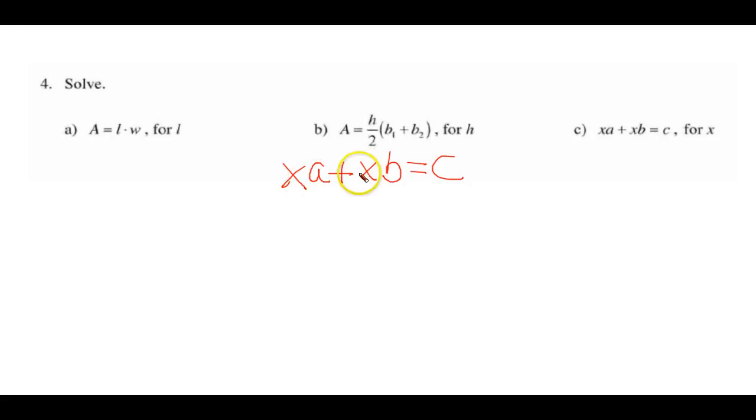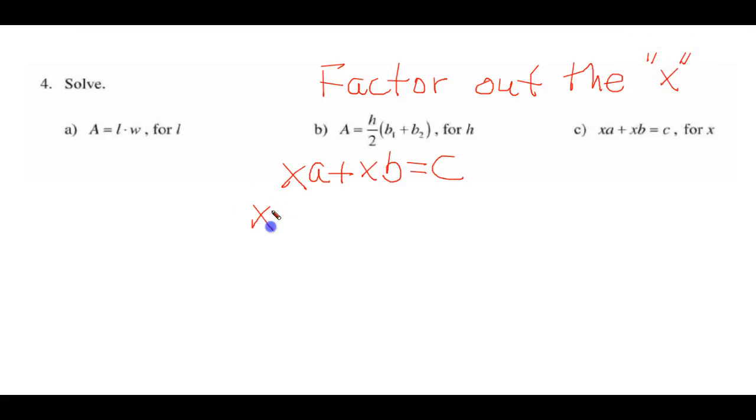When X is found in two terms, we put them together like this, and we factor out the X. So I'm going to put the X out, and I'm left with A plus B equals C. So it's sort of the opposite of what we did here. We're taking the X out of each of these two terms by factoring, and we'll do a lot more of that in our next module.